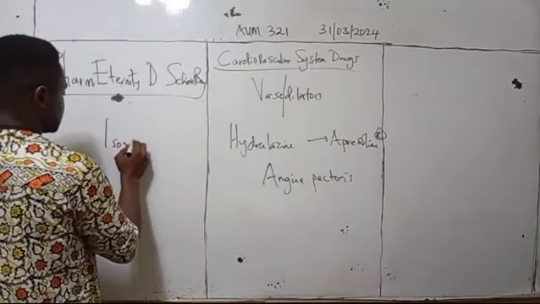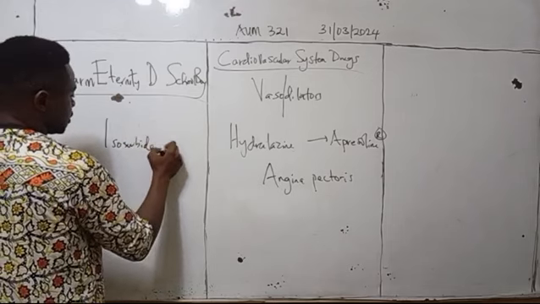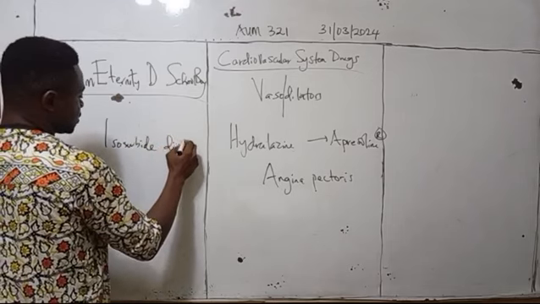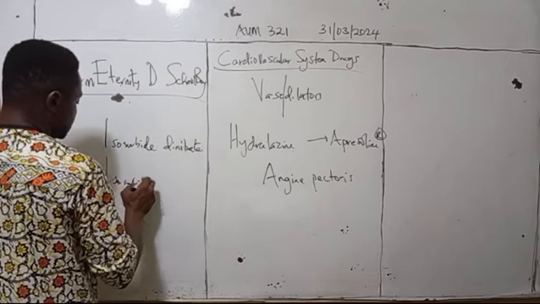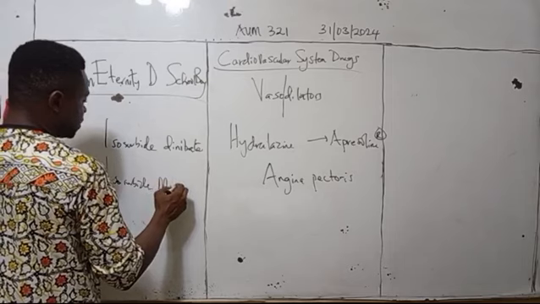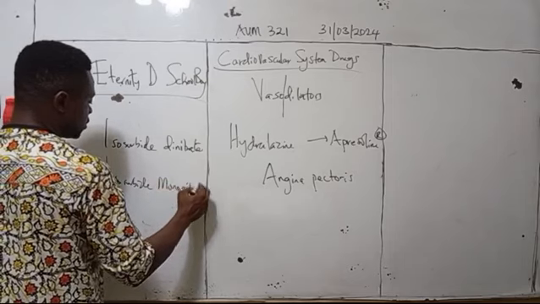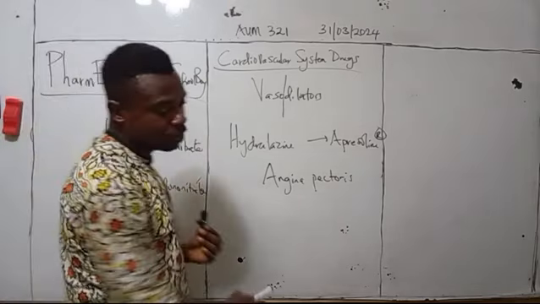Let me write this well. This one is isosorbide dinitrate, and this is isosorbide mononitrate.